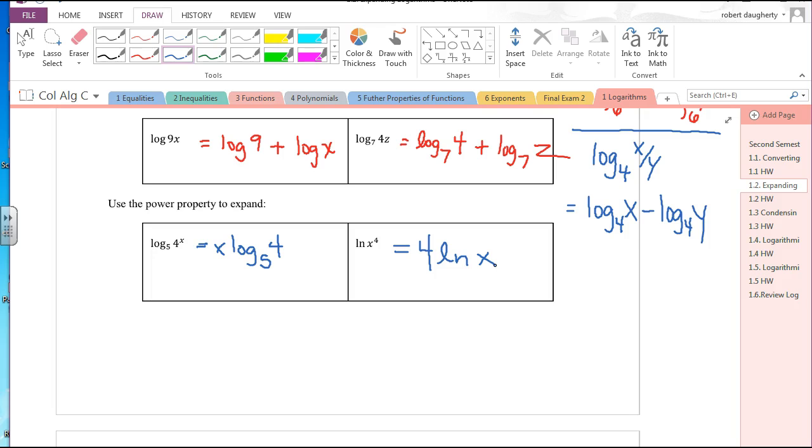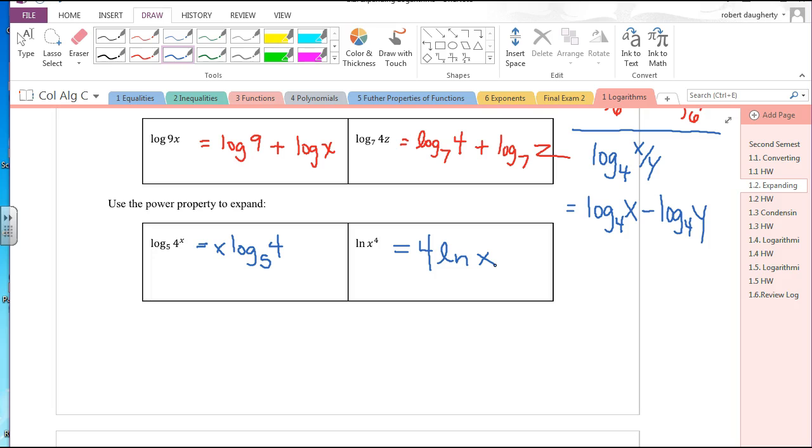The log base b of x over y is the log base b of x minus log base b of y, and the log base b of x to the n is n log base b of x. Those are our three rules that we're dealing with: product, quotient, and power.